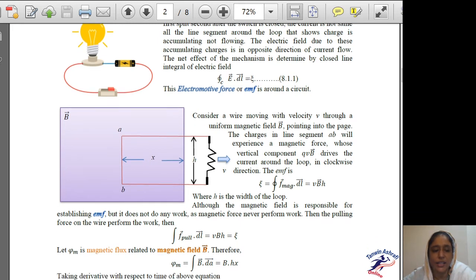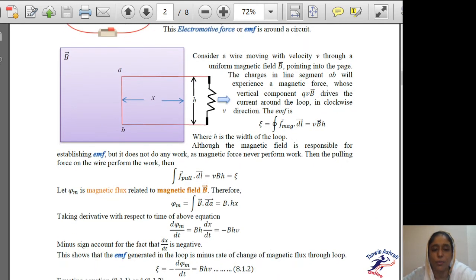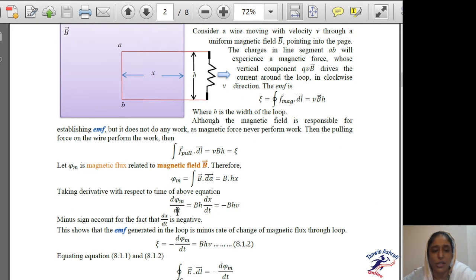Now taking the derivative with respect to time of the above equation, d by dt of phi m is equal to h dx by dt. Now this dx by dt is minus v, since velocity is in this direction, movement is in this direction, and the magnetic field is in this direction. Therefore, the minus sign accounts for the fact that dx by dt is negative.